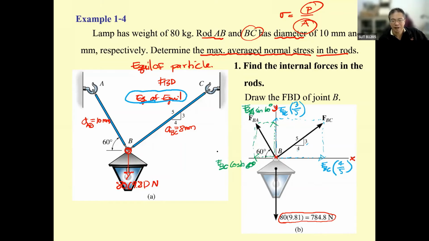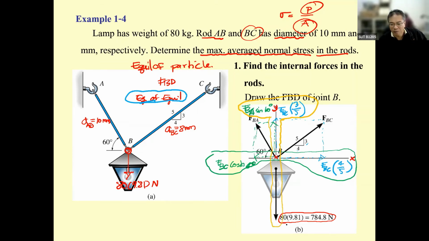Now, the equilibrium can be in the horizontal direction. These two forces must be in equilibrium. And also the forces in the vertical direction must be in equilibrium. These two up are going to be balanced by 784.8.